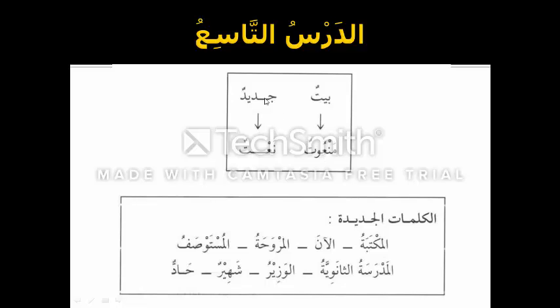Also, we have jadidun. It's called the adjective, the na't. Baytun jadidun. It's just showing you a visual representation of what we've been talking about. This is called a baytun and man'ut. It's also called mawsuf. And then the jadidun is the sifa, or it's also called na't. All right, you understand that?